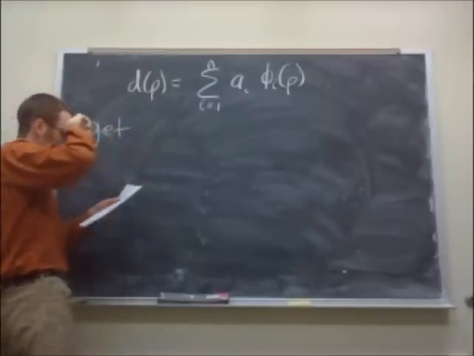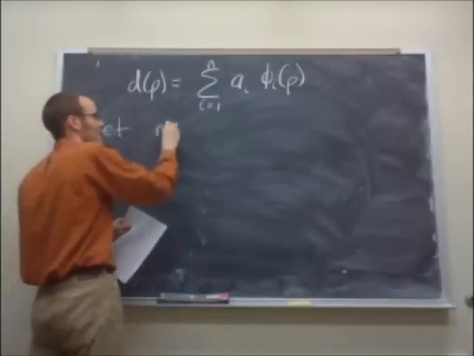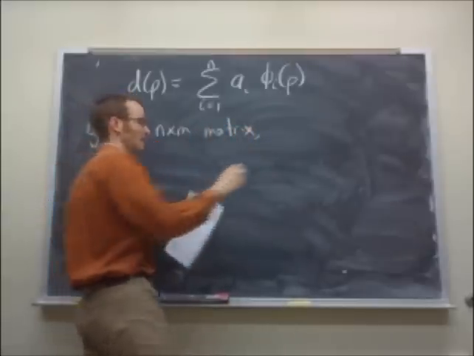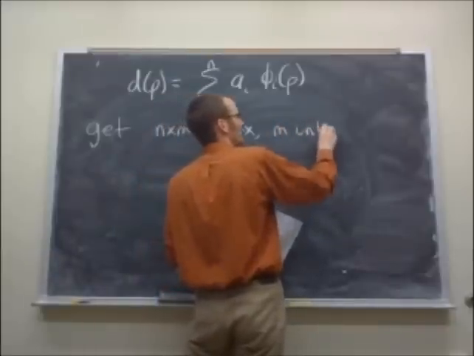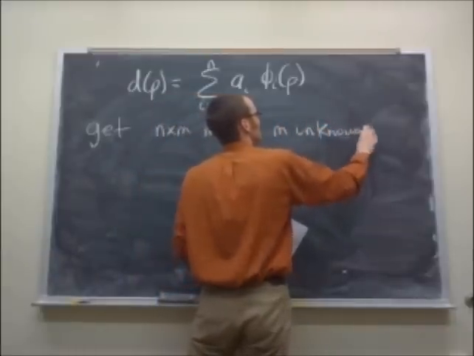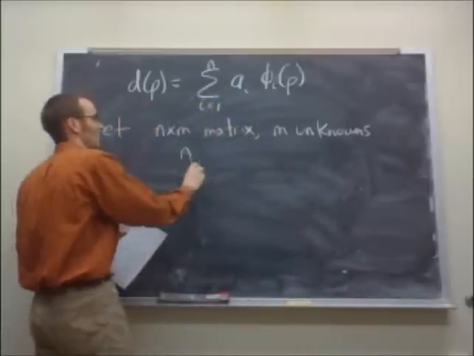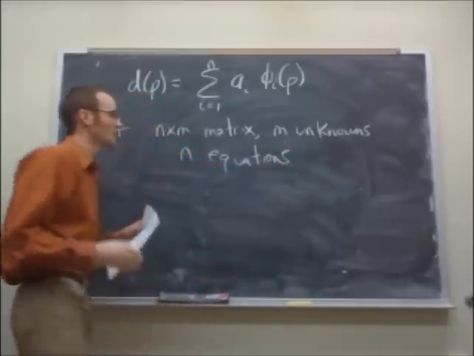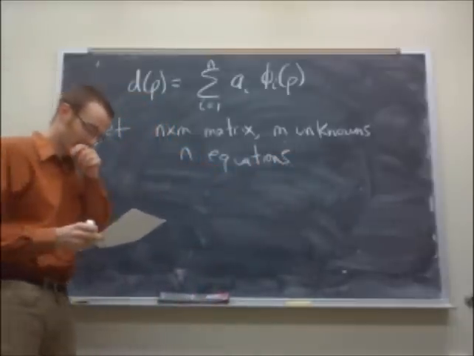So in the end, for this kind of problem, we're going to get an n by m matrix with m unknowns and n equations. There's m unknowns, n equations.